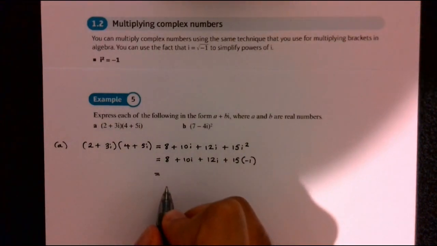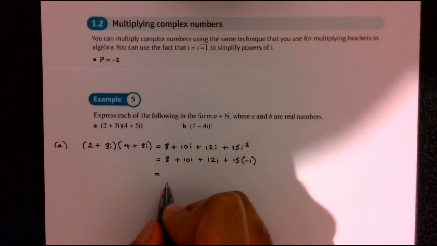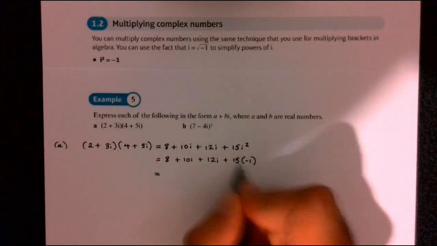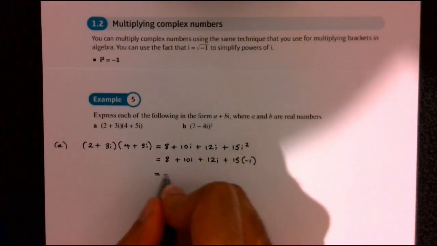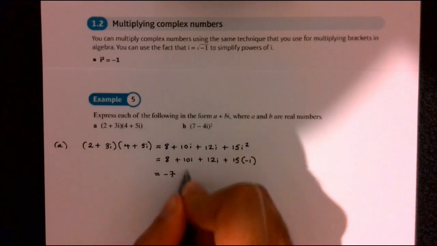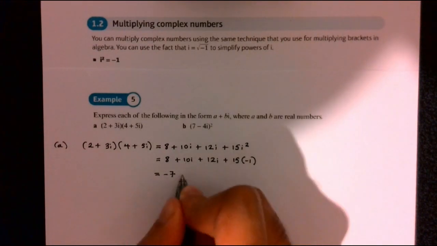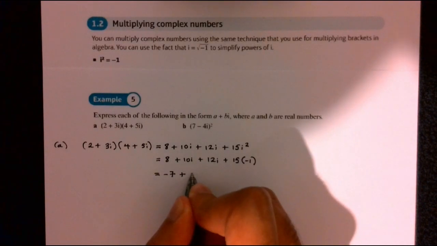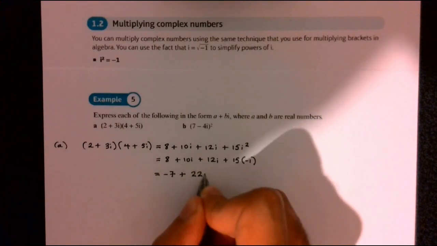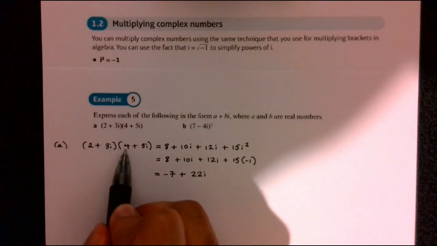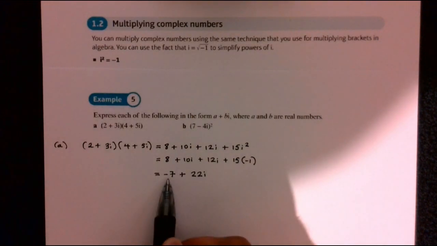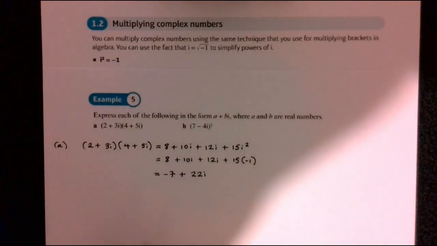So if we simplify by gathering the real terms together, we have 8 minus 15, you'd find that to be minus 7. 10i plus 12i, you'd find that to be 22i. And therefore, 2 plus 3i multiplied by 4 plus 5i, that's minus 7 plus 22i.